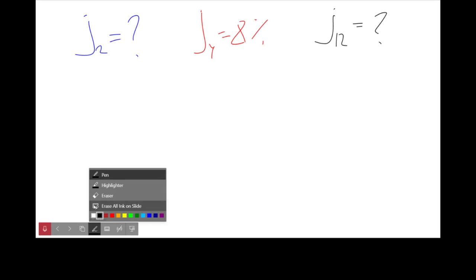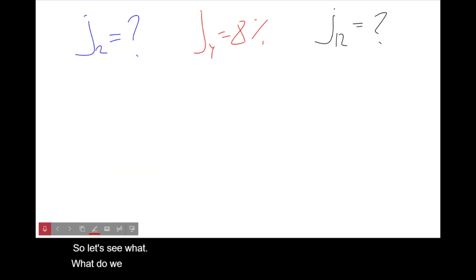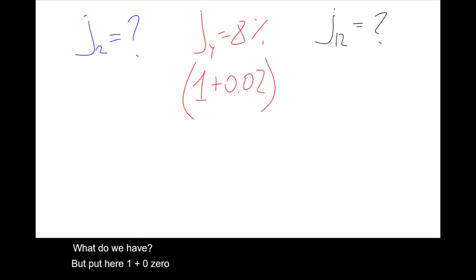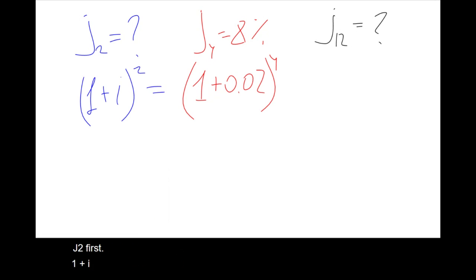Okay, so let's see what we have. I'll put here 1 plus 0.02 exponent 4. So let's work with J2 first: 1 plus i exponent 2. It should be the same thing, right? So here I have 1.02 exponent 4 over 2, minus 1.